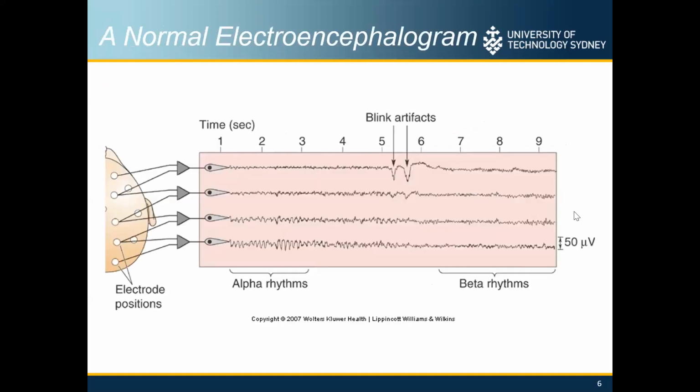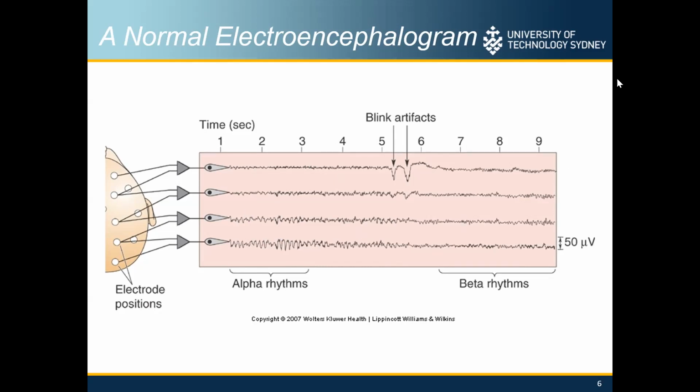The following slide just looks at an example of a normal electroencephalogram that you can get using an EEG. You can see the traces are from different channels, from the electrodes that were placed on the skull. Things to note here are the different brain rhythms that you can acquire from the EEG trace.